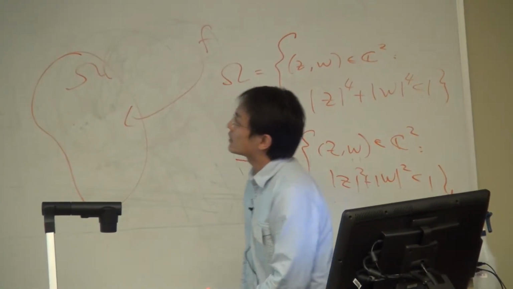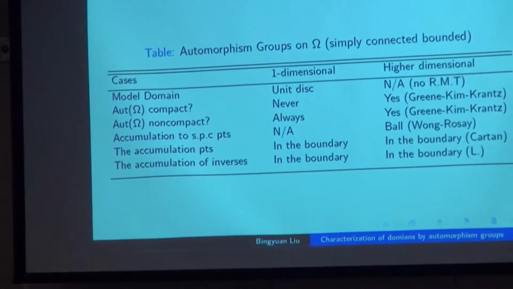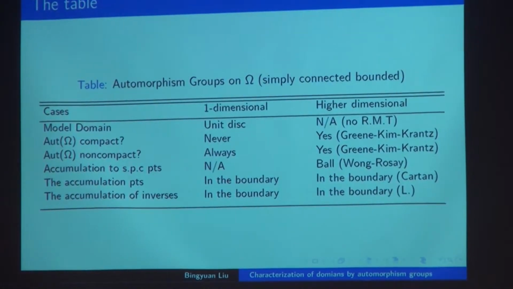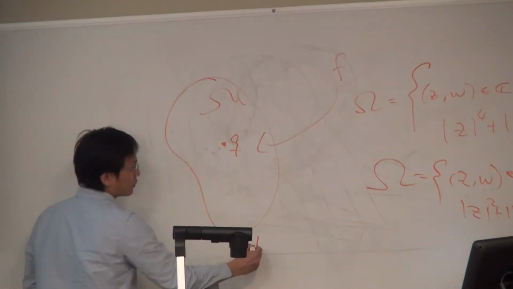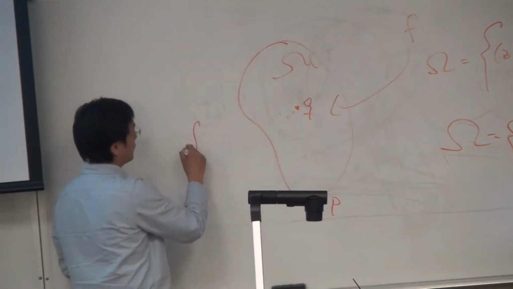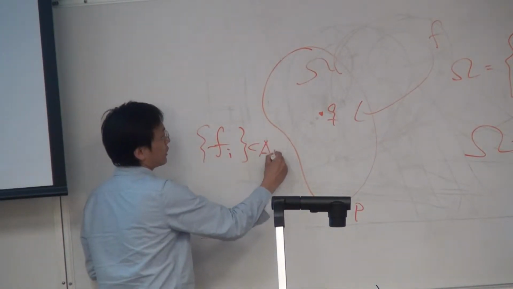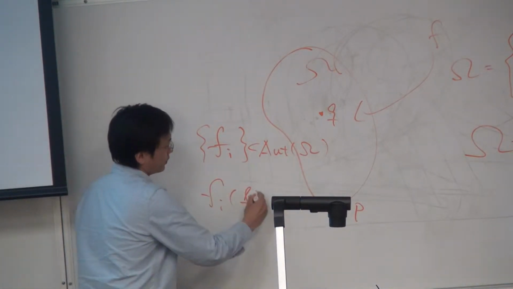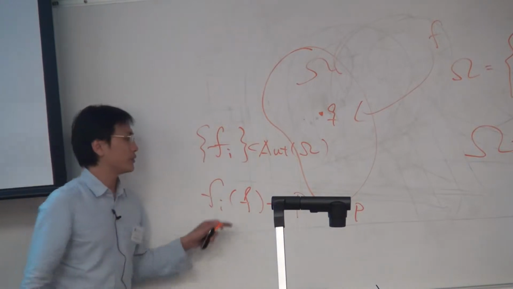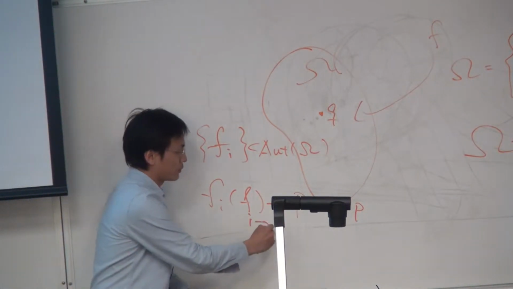And there is a famous theorem. What do I mean by accumulation to strongly pseudo-convex points? That means if you have an interior point Q and a boundary point P, such that there is a sequence Fi in the automorphism group, then Fi of Q brings your interior point Q to P as i goes to infinity.